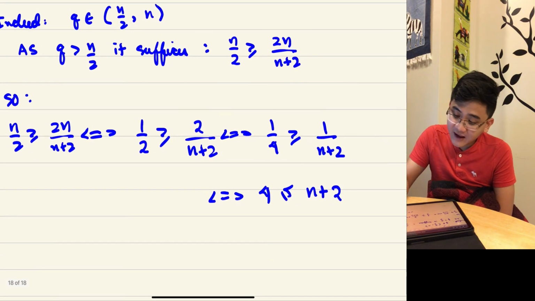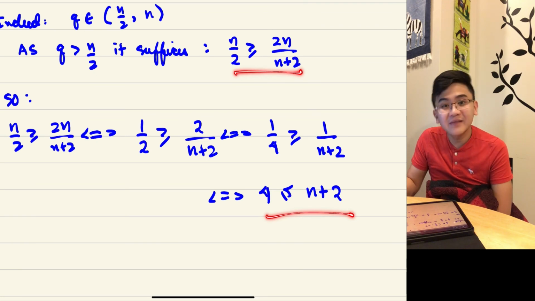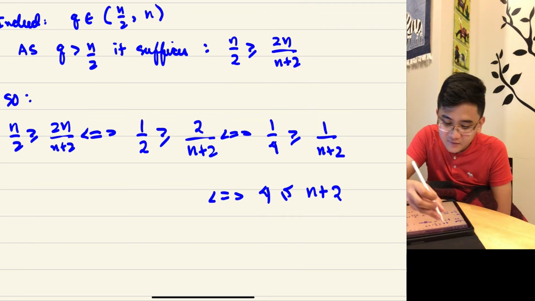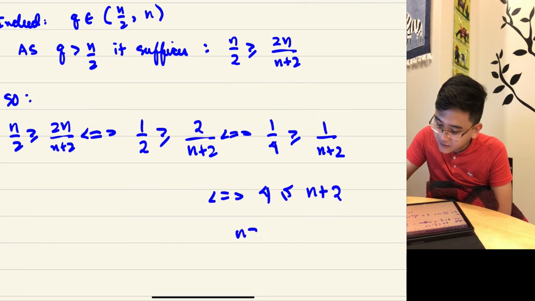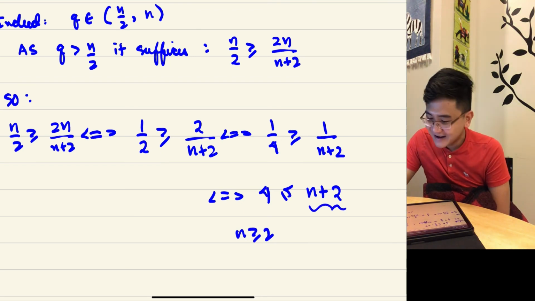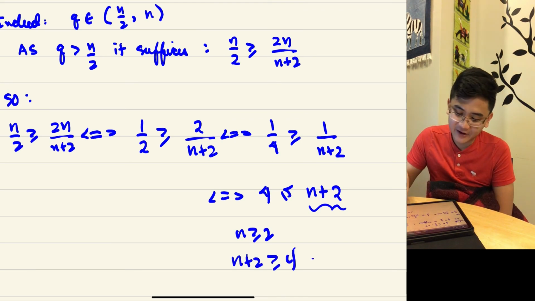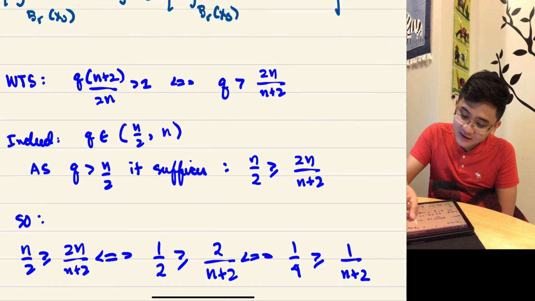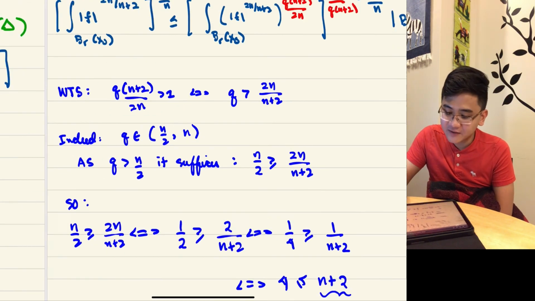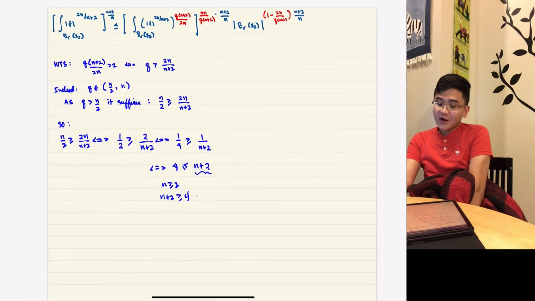So, okay, what do we have here? This is true if and only if this is true. But this is true. Why? Because we are in the case where n is greater than or equal to 2. So it's clear that m plus 2 is greater than or equal to 4. Okay, so that shows that this term is bigger than 1, so we can use it as an exponent in Hölder's inequality.